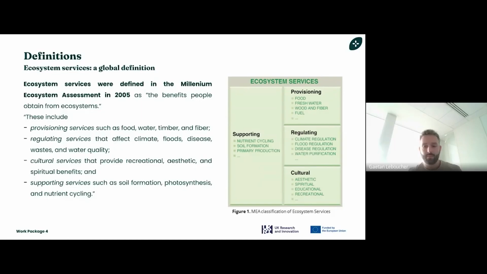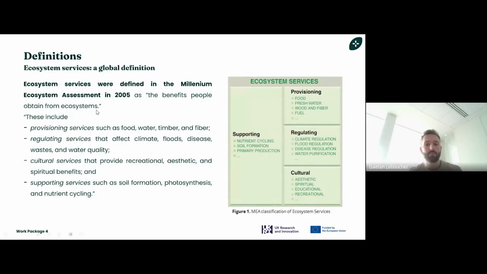The cultural services provide landscape value and spiritual benefits. And finally, the supporting services allow for the provision of the other types of services, and these are soil formation, photosynthesis, or nutrient cycling. So this is the global definition that is commonly accepted today.